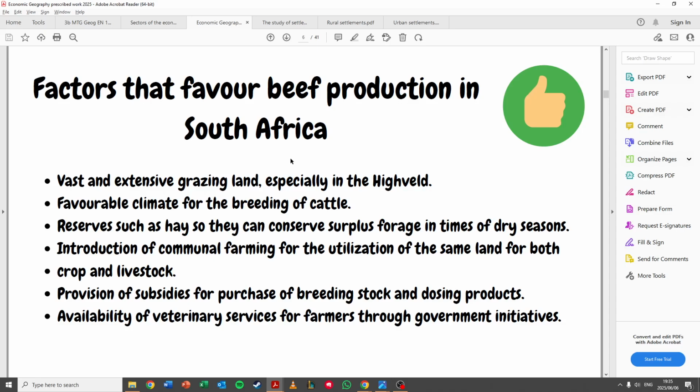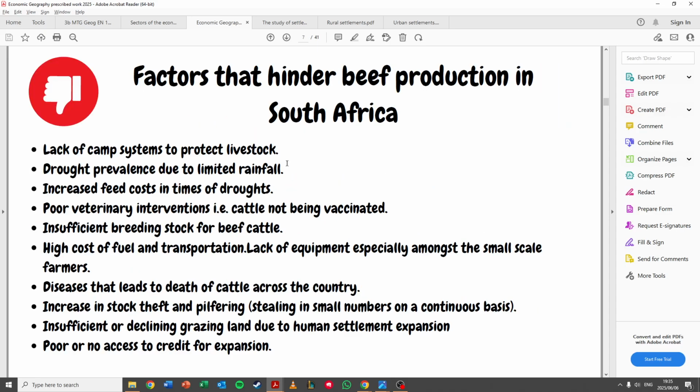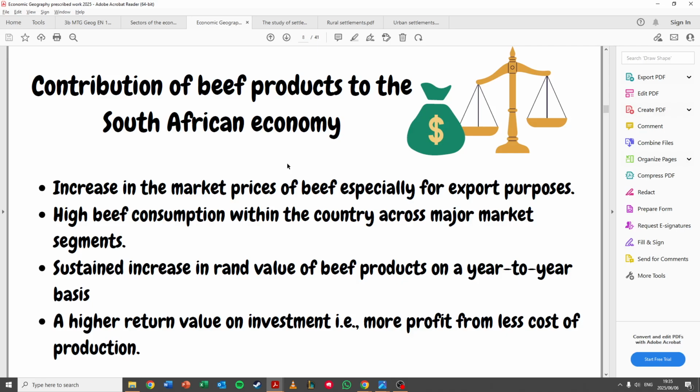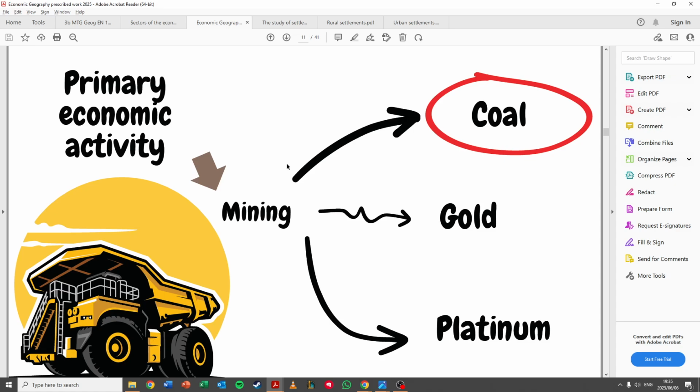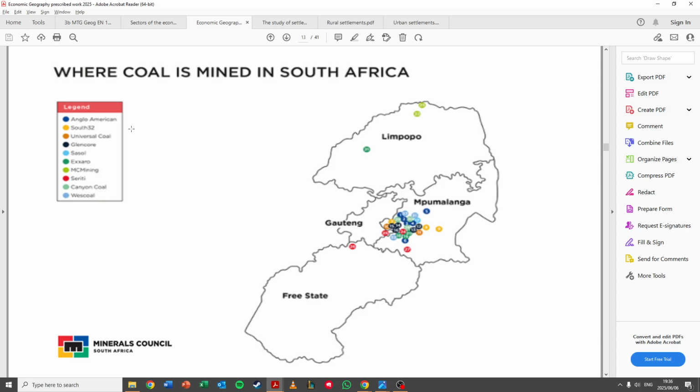And you're going to know the factors that favor beef farming, the factors that hinder beef production, the contribution of beef products to the South African economy. All of those, make sure that you memorize it. The same with mining and coal. Okay, so if you were to use Mind the Gap, because all of these notes are compiled out of a bunch of different sources, that's why I'm asking you for the prescribed work to please use my notes.